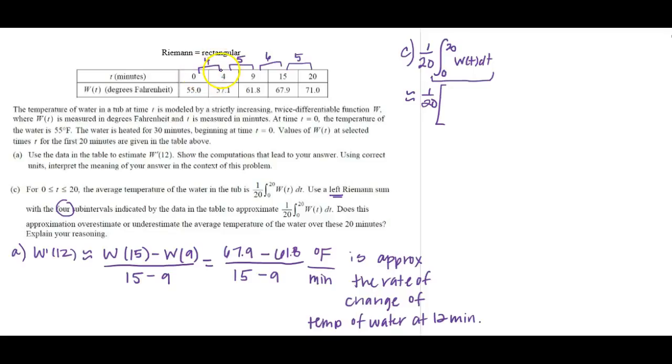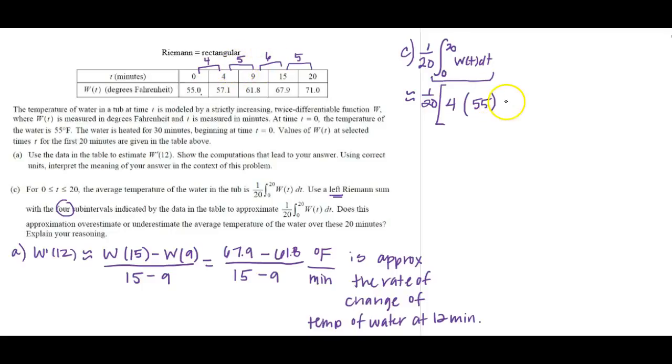Now, this first rectangle. Remember, for rectangles the area is base times height. The base, in this case, is 4. And then I have to decide on the height. Because I have a left Riemann sum, here are my 2 heights, 55 and 57.1 as a possibility, but the one furthest to the left, as we move from left to right on a graph, 55, is the leftmost height. So 4 times 55 is the area of the first rectangle. It's the base times the left height.